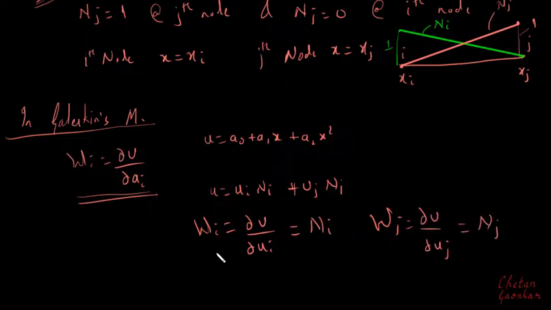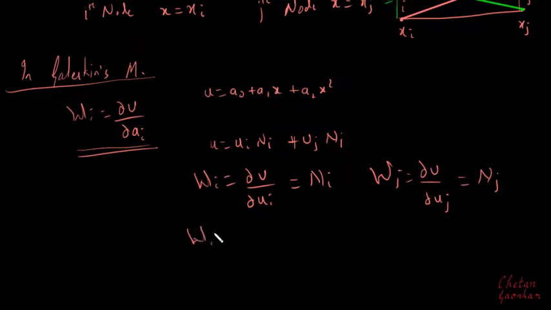So in the case of Galerkin's method, the weighting function will be nothing but the shape functions themselves. And again, this is a very important concept which we'll be using at later stages to solve the problems. That is, in the case of Galerkin's method in finite element method, the weighting function will be nothing but the shape functions at that node. So wi will be Ni and wj will be Nj.